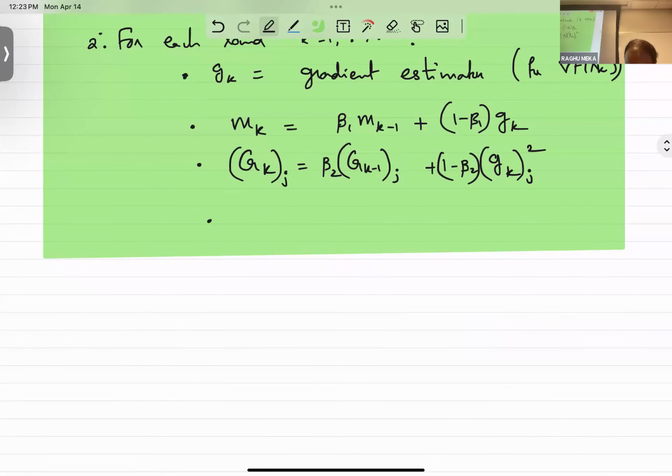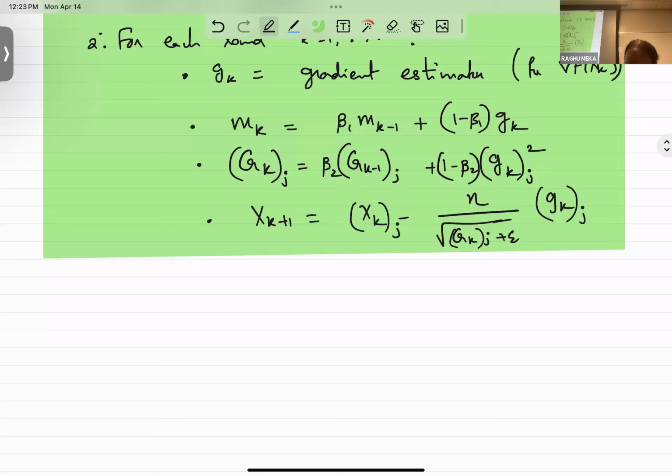And then the final update is just putting the two together. So xk plus 1 is xk minus some eta divided by square root of the accumulated term. Okay. Any questions about this? So we had two tricks in the bag. We just put the two together, right? So one was using this adaptive thing, one was momentum, and that's how you get this.